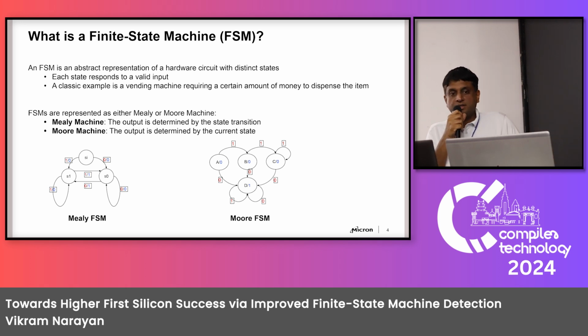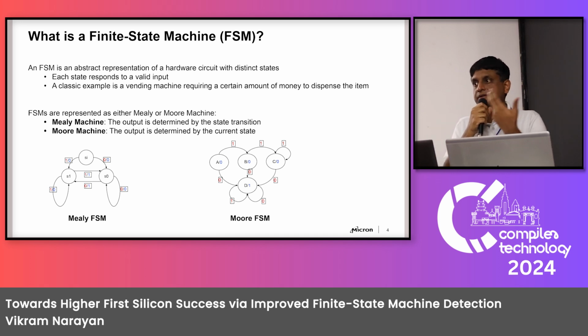In the typical electrical engineering world, FSMs are classified into two kinds of machines: the Mealy machine and the Moore machine. The Mealy machine represents protocols that are highly responsive. The Moore FSMs are used in classes of devices where the output is not necessarily fast, but the timing of the device is absolutely predictable.